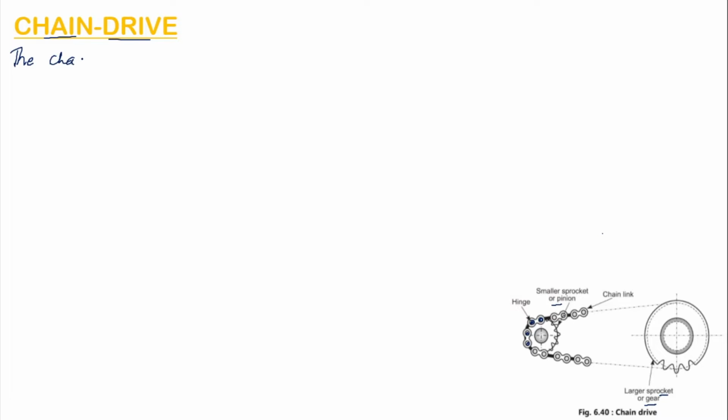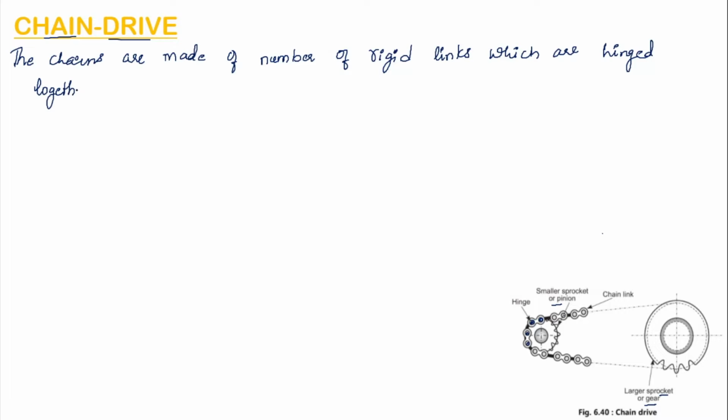So the chains are made of a number of rigid links which are hinged together by pin joints around the driving and driven wheel.